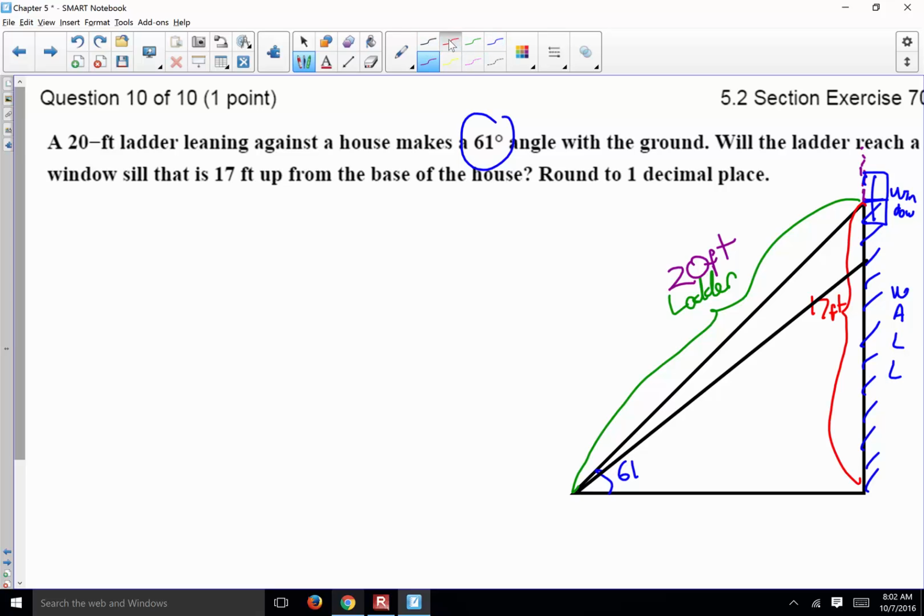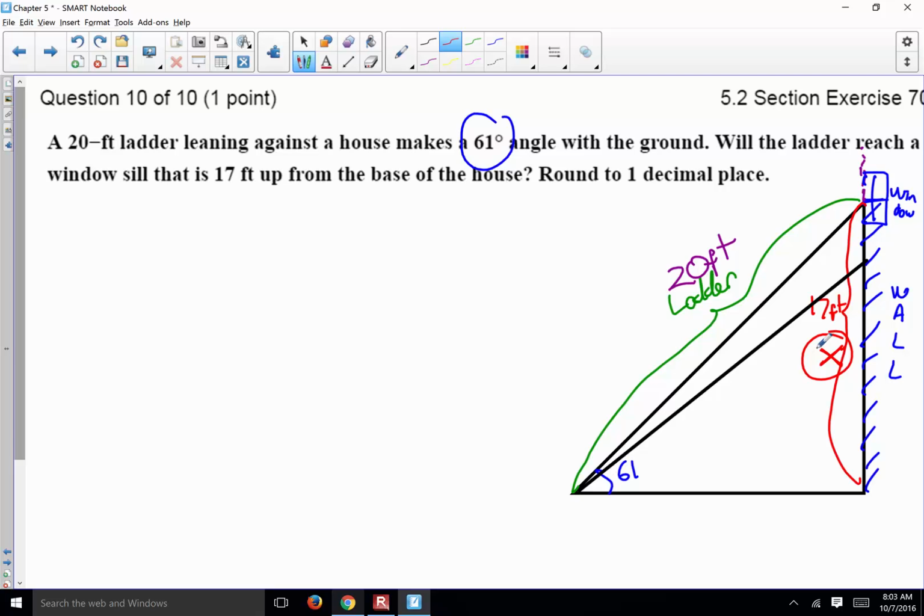So I want to figure out how far I can go up on this wall. Although the window is at 17, this side is a mystery for me. I want to see how high I can go on this wall. So it's not 17 yet.